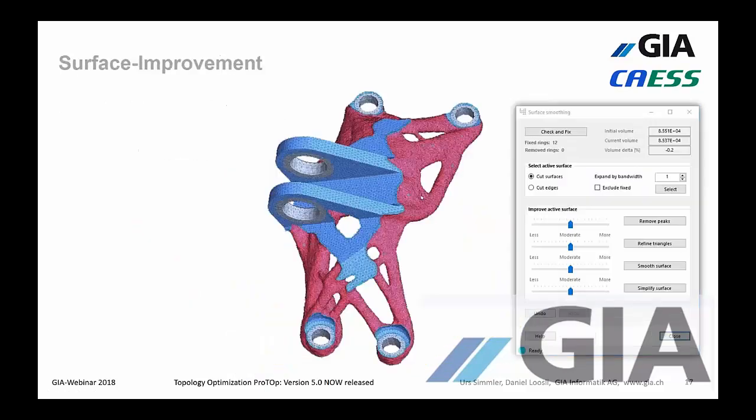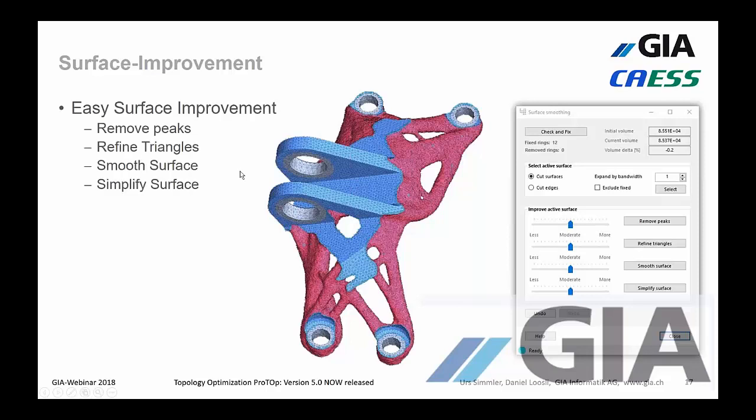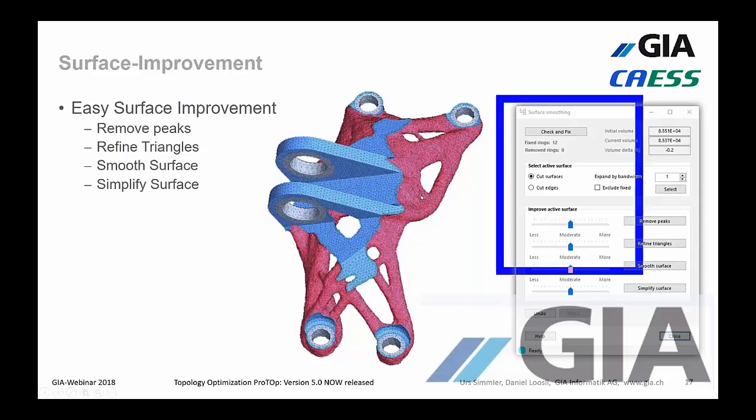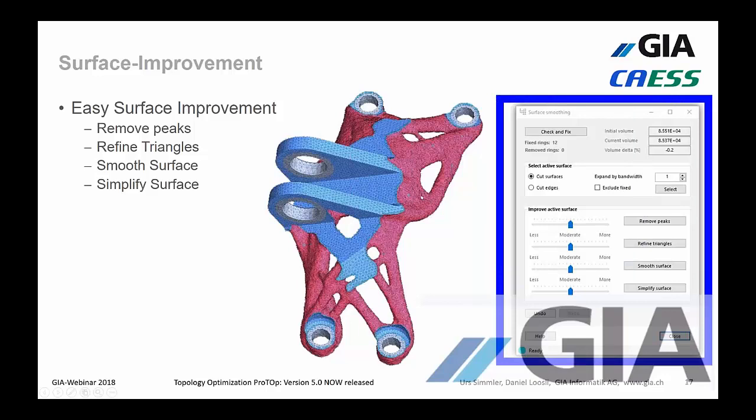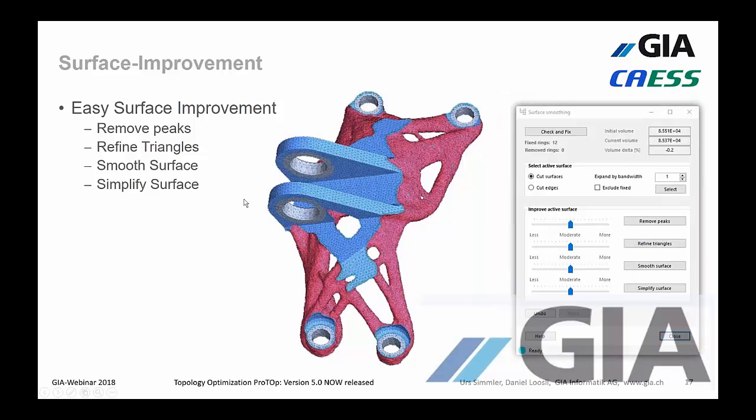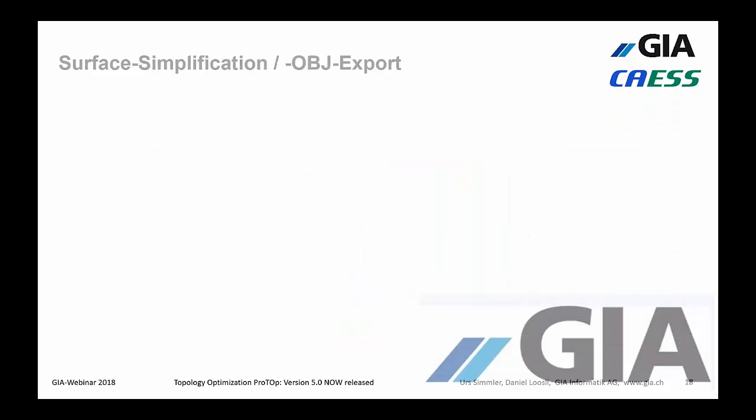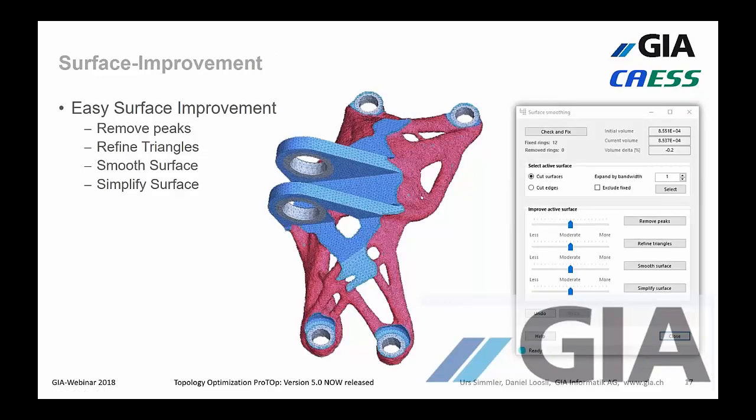And for me, a new highlight when it comes to the end of our topology optimization: we are getting a new bionic structure, and we have to smooth the surfaces. We have to remove peaks, to refine triangles, and for that reason we got a nice new tool, and with this new tool it's much easier to smooth and simplify those surfaces and this bionic structure.